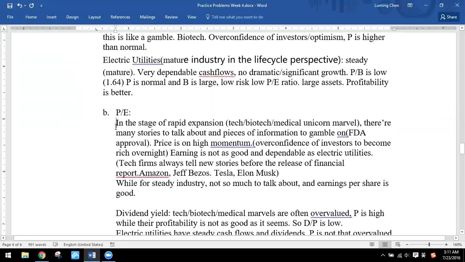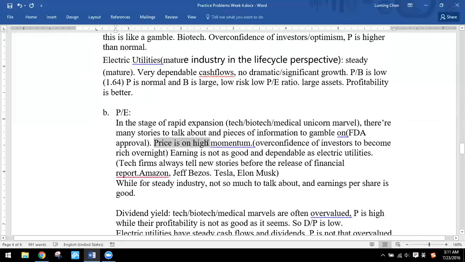So in the stage of rapid expansion, for those tech firms, biotech firms, medical firms, we call them unicorn club or some Marvel firms. There are many stories to talk about and pieces of information to gamble on, such as the FDA approval.